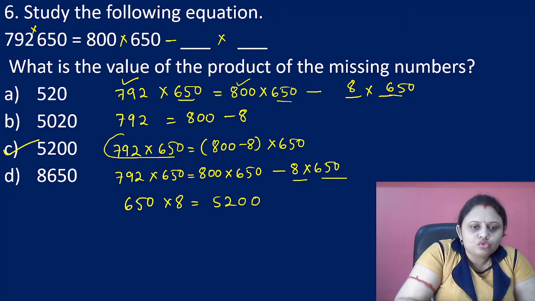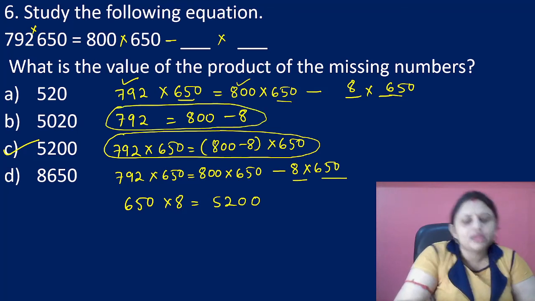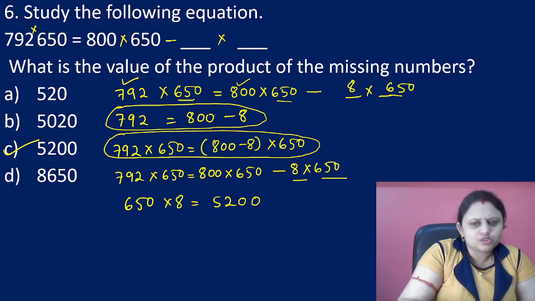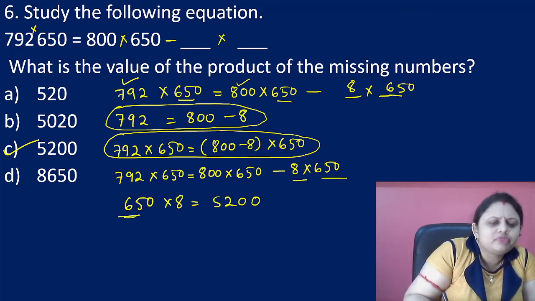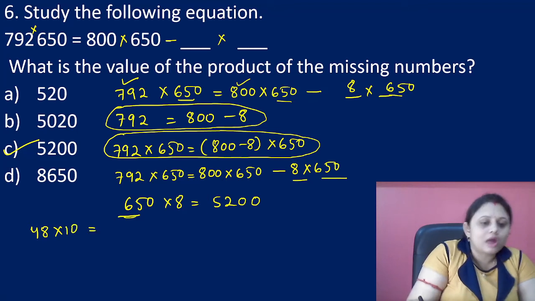You need to focus on this point, how we get this and how we open the bracket. I think I should give you another, easy example to help you learn. 48 into 10 equals how much?